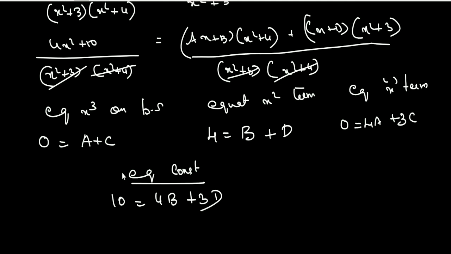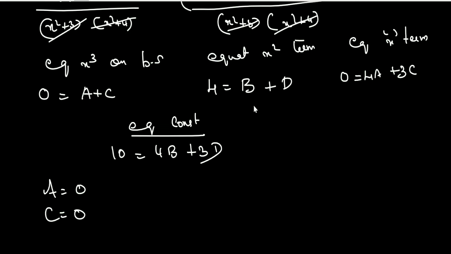Now you can solve these two, 4a plus 3c and a plus c. That will give you a as 0 and c also as 0, because a plus c is 0 and 4a plus 3c is also 0. Now solve these two: b plus d is 4 and 4b plus 3d is equal to 10.